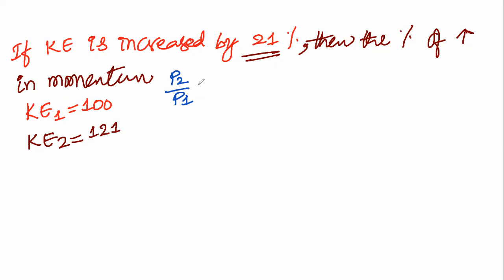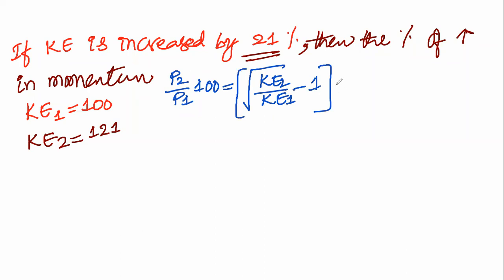So P2 by P1 into 100 is equal to square root of KE2 divided by KE1, minus 1, into 100. This is the increase in momentum.